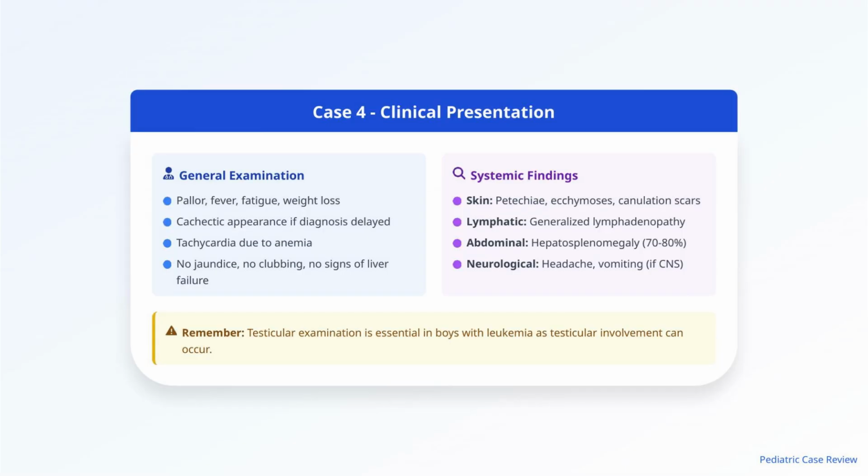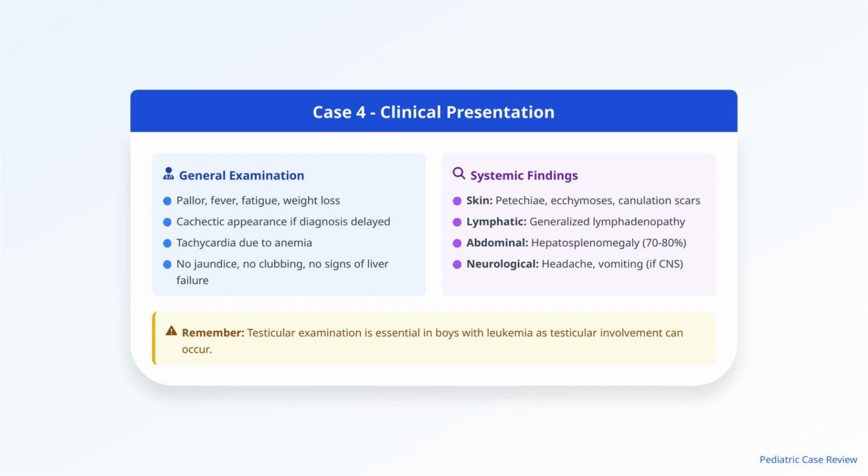Let's look more closely at the common physical findings in pediatric leukemia. Most children present with a combination of symptoms that reflect bone marrow infiltration and failure. General examination typically reveals pallor, fever, fatigue, and weight loss. Skin findings include petechiae, ecchymosis, and multiple cannulation scars from previous blood draws or treatments.